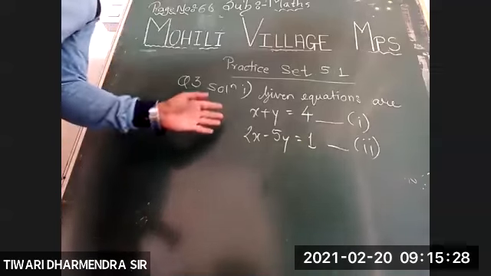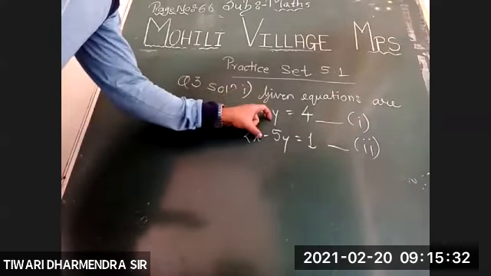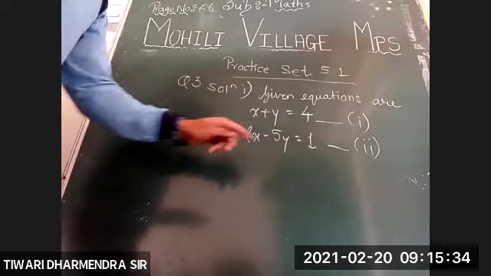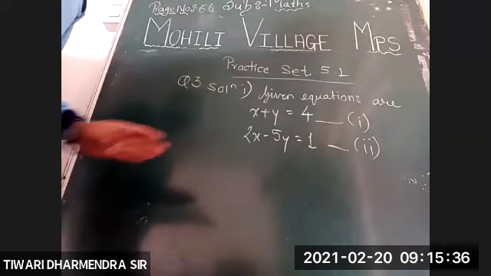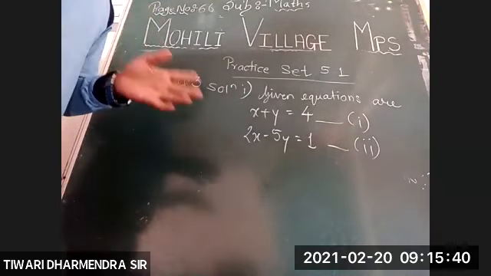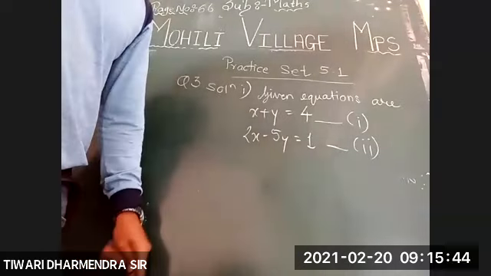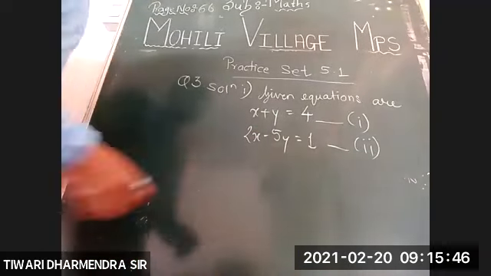And after that, since in this part the sign was opposite, we added them. But if the sign is the same, what we need to do? We need to subtract, which we'll be seeing in the next examples. So let's solve this first.